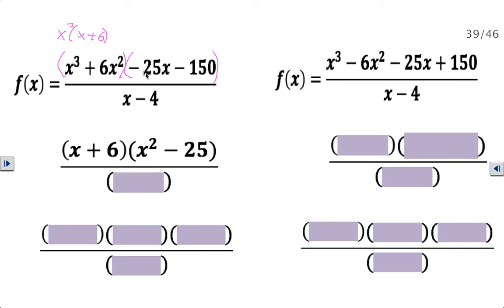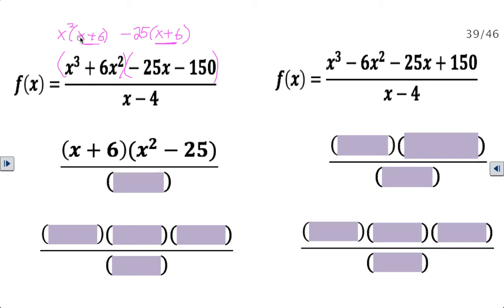Then look at these two sections. We can factor out a negative 25, and you're left with x. Negative 150 divided by negative 25, believe it or not, is a positive 6. Notice that this factor is equal to this factor.